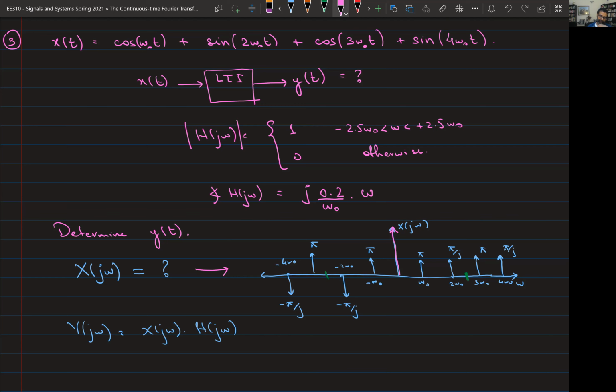Right, so these two impulses will be filtered out because of the fact that H of j omega is equal to 0 here. Similarly, these two impulses will be filtered out here as well.